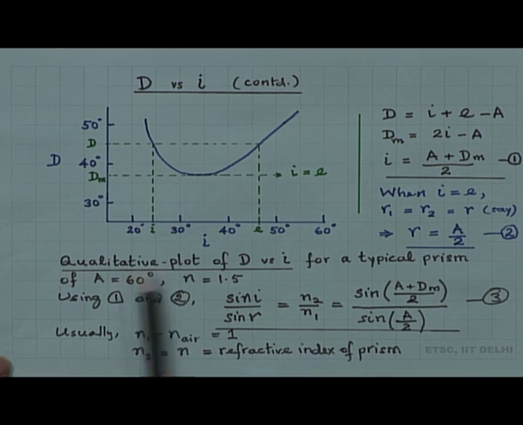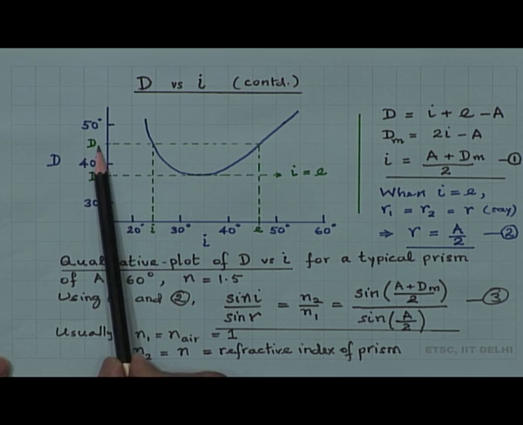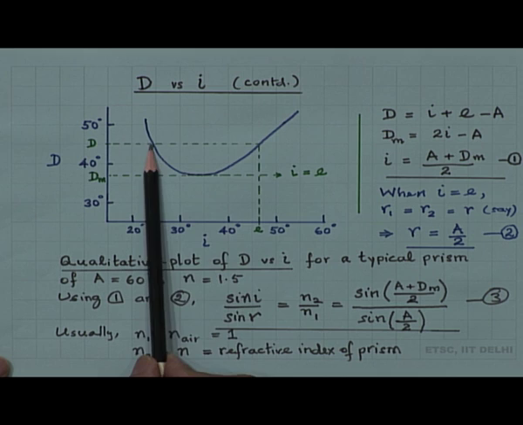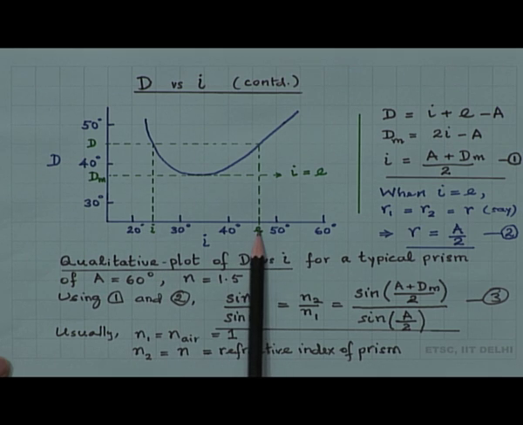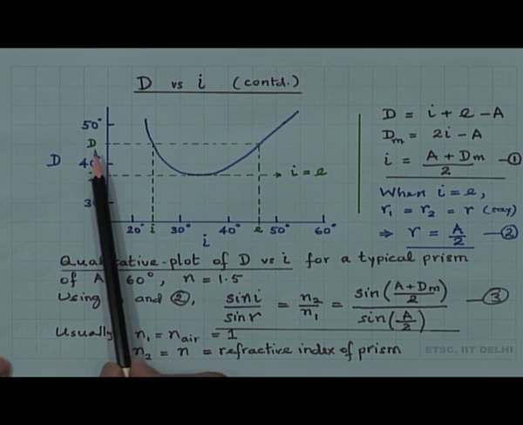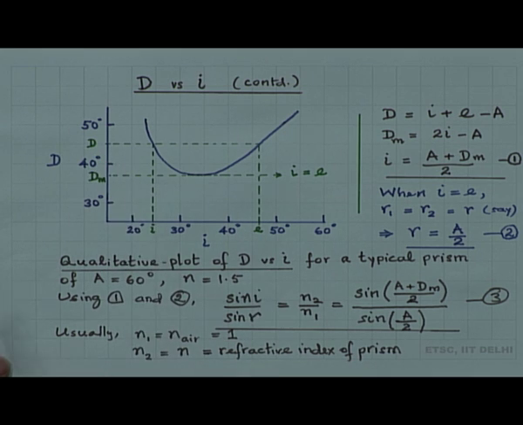What is to be seen is, as I increases, for any value of D, there are two values of the angle of incidence. When this is I, this will be E, and when this value is I, this will be E. So, for each value of D, there are two angles of incidence.